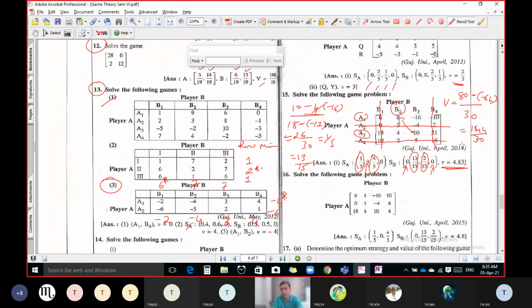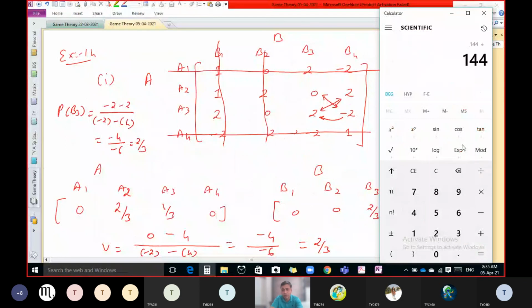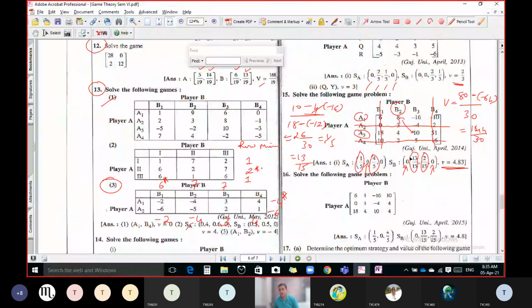Let us verify once again: 144 divided by 30 is 4.8, not 4.83. So 4.8 is my final answer.